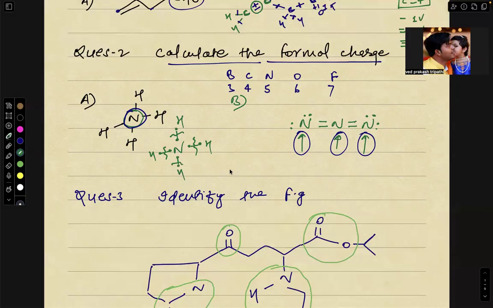So the formula is valence electrons minus total electrons around that atom. Nitrogen's valence electron count is 5, minus how many electrons around nitrogen? Look, 1, 2, 3, 4. So 5 minus 4 is plus 1. So in this case nitrogen is plus 1. Make sense? Please tell me. You can say yes in the chat box.